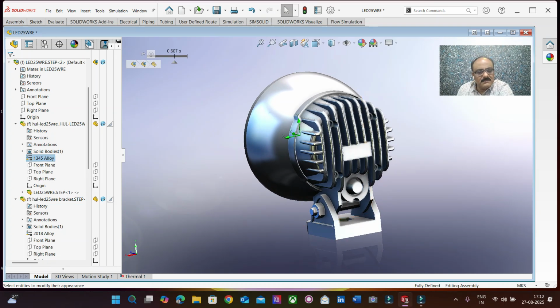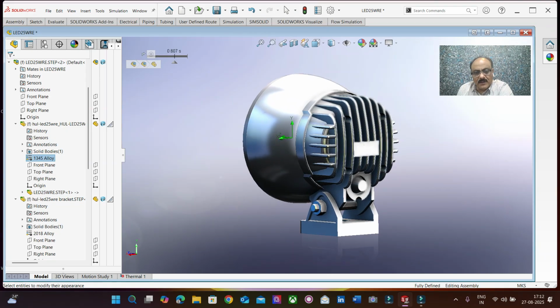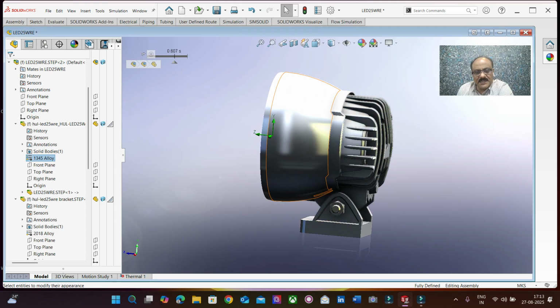Okay, so aluminum is preferred, and this particular 1345 aluminum alloy is adopted for casting the entire structure and then machining. So there are two processes. The top portion, the entire system, can be casted from two different bodies, or a single body can be casted.